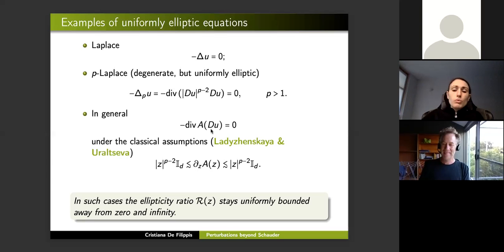So we are considering nonlinear tensors that have the very same ellipticity behavior of the Laplacian. In all these three cases, we see that the ellipticity ratio is uniformly bounded.